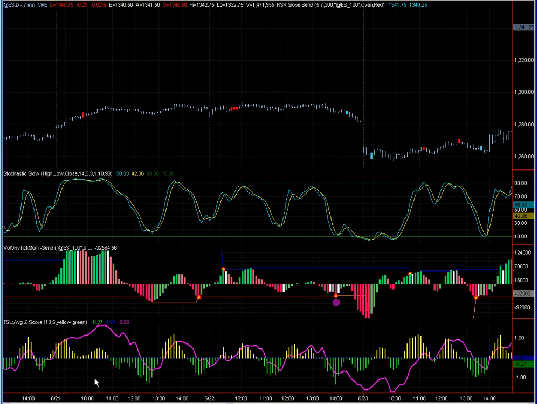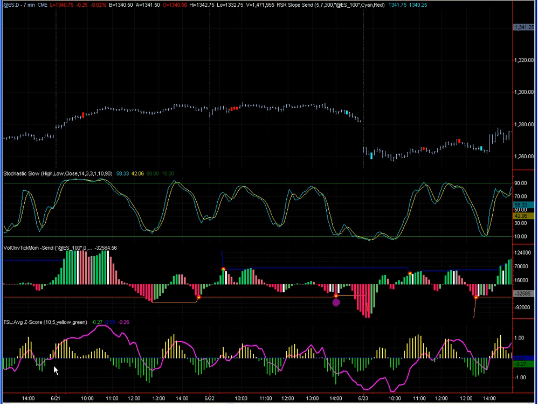But keep in mind, this is a leading indicator. It does not mean that just because we are above the 0 line, we are immediately taking a long trade. No, we just know that that's the trend.